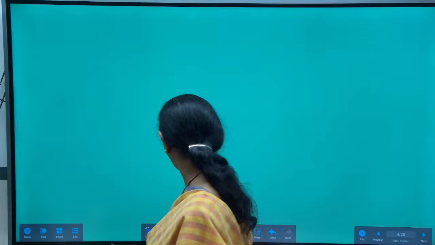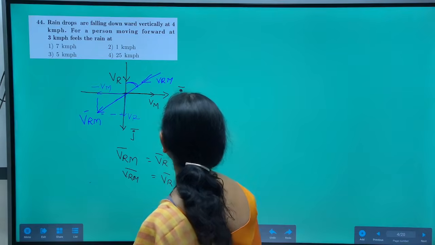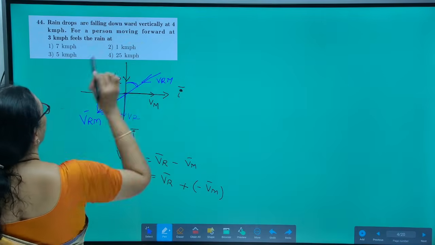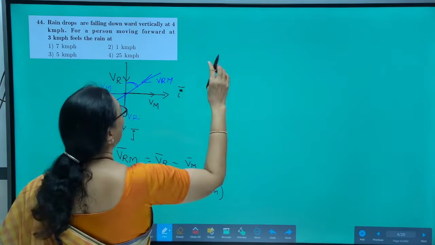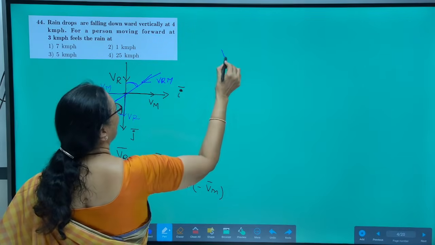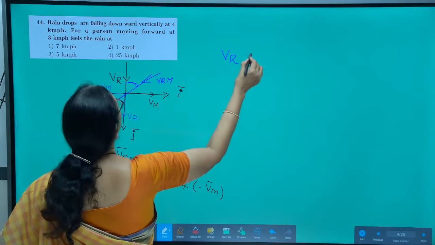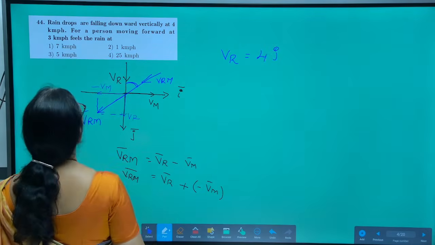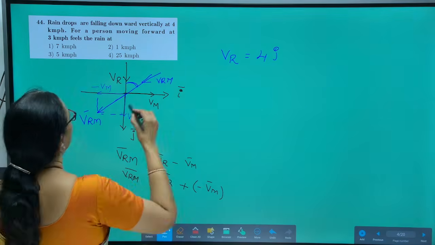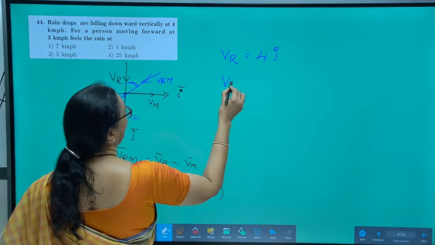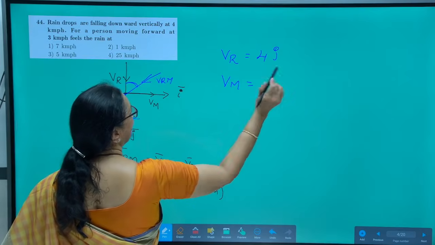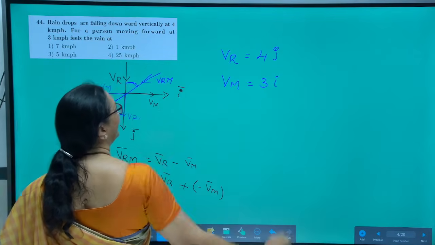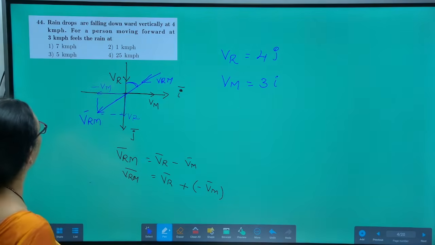Now, in this problem, let us see what is given. Raindrops are falling vertically downwards. So, I am just following this notation. Velocity of rain is 4 kmph downwards. For a person moving forward, the velocity of the man is 3 kmph. Let us take it as 3i.